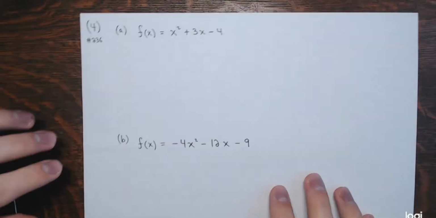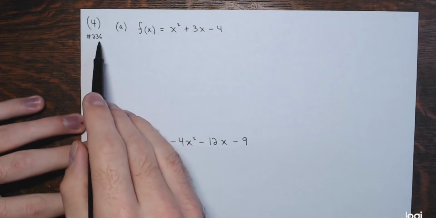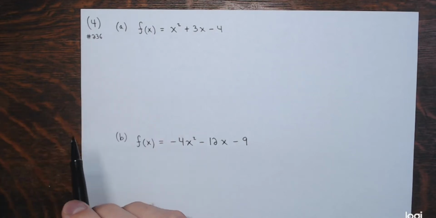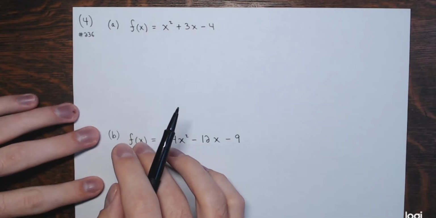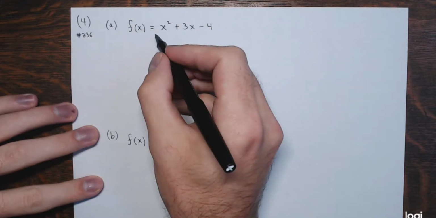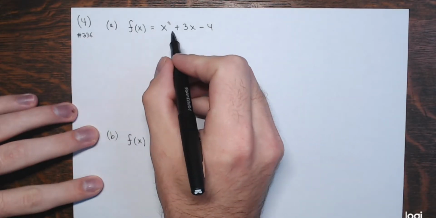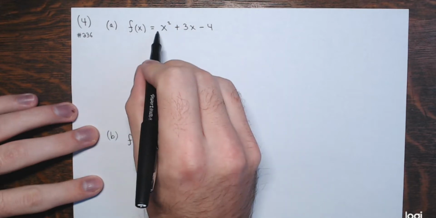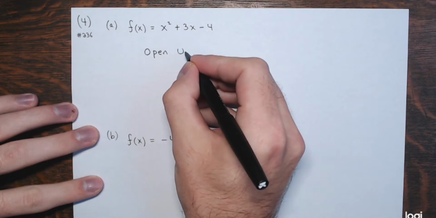All right, and then I've got just one more page. All we're asked to do again for example 4, exercise 236, is simply state whether or not the parabola opens up or down. We're not asked to actually graph it just yet. So look, positive lead coefficient, f of x equals 1x squared plus 3x minus 4. Positive lead coefficient, this is going to open up.